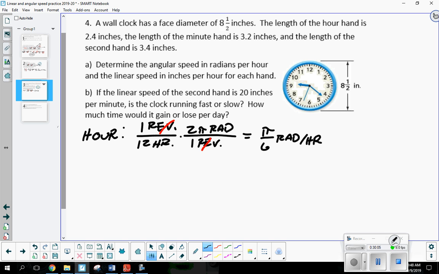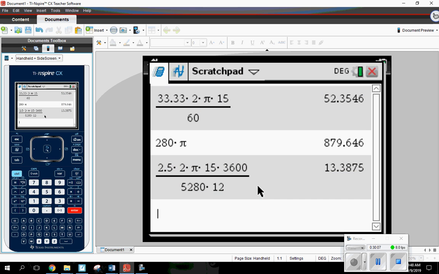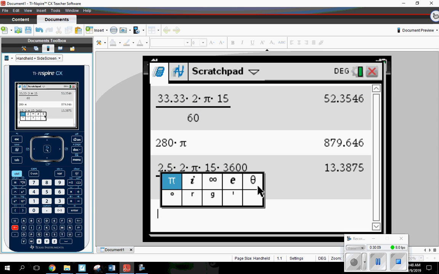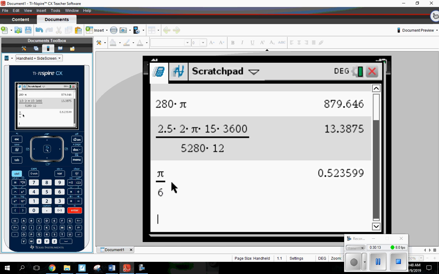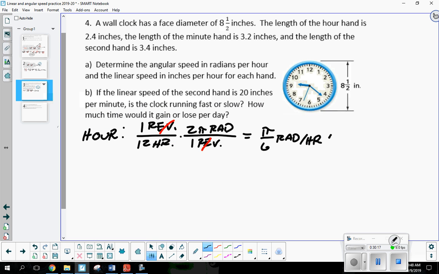Now we can approximate that. Pi divided by 6 is about 0.52 radians per hour. Would everybody agree?